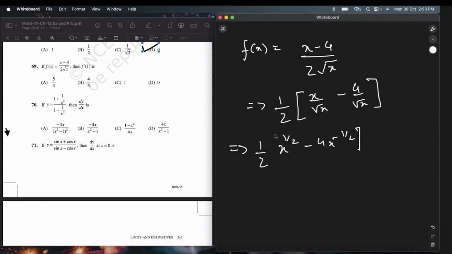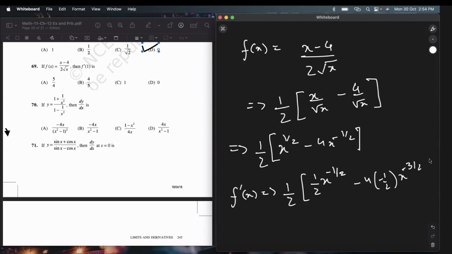All right. You can see the resemblance from the question that we had done previously. If I can find f dash x, then it will solve all my problems, right? Half will come here, x to the power minus 1 by 2, and minus 4 times minus 1 by 2 times x to the power minus 3 by 2. All right.